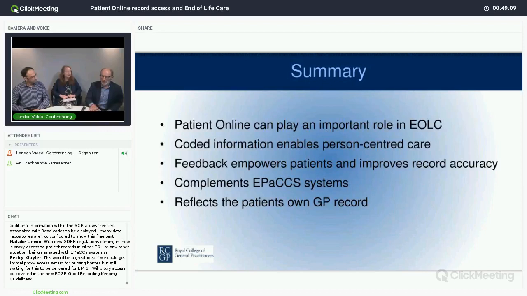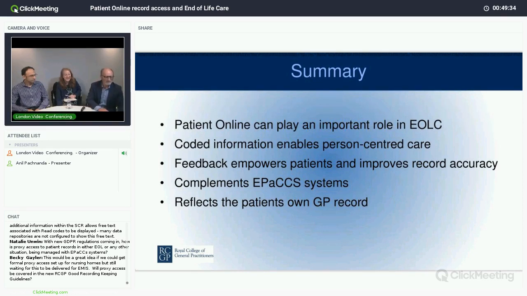The common law duty of confidentiality is slightly different, and there's implied consent: if you make a referral, or if you put data into an EPaCCS system and the patient is allowing it to happen, it's implied that consent is given. This is getting a little bit technical, not the main part of the presentation. Spend no longer on it.